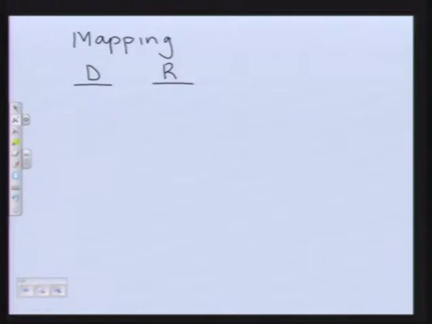So in the domain here, I'm going to have 3 names. I'm going to have Kate, I'll have the name Jim, and Dave. And those are going to be the elements that are in my domain. In the range, I'm going to have some numbers, and I'm going to say that those are corresponding ages to the people that I have listed in my domain.